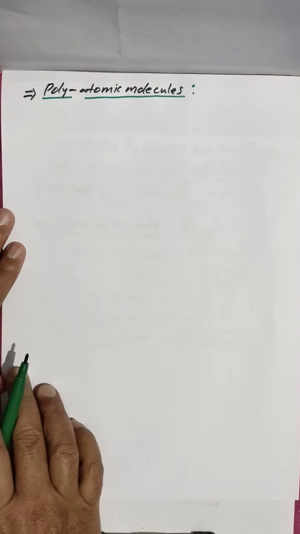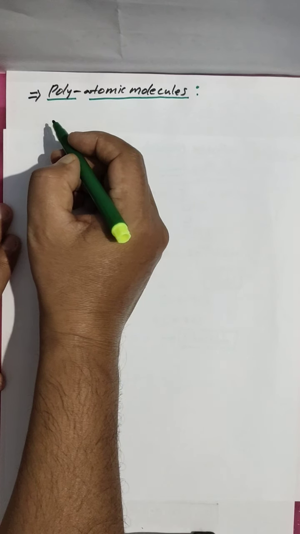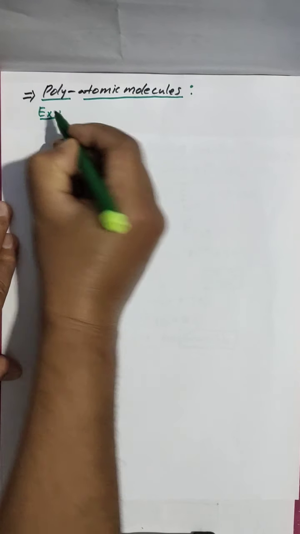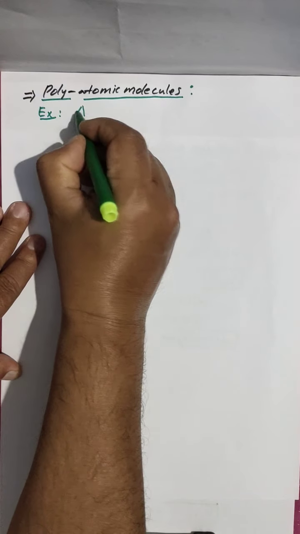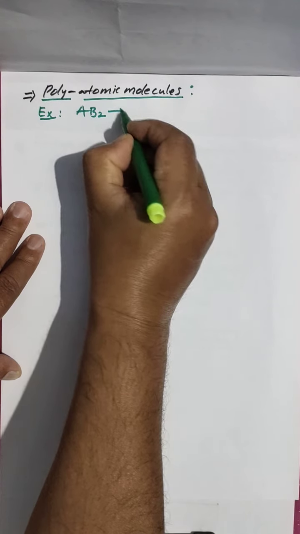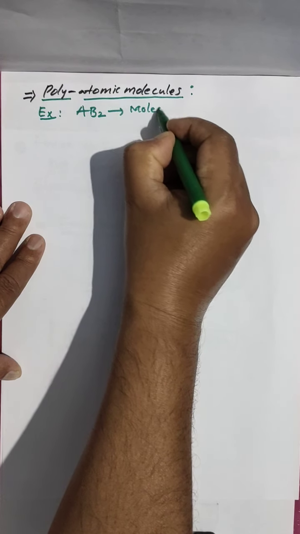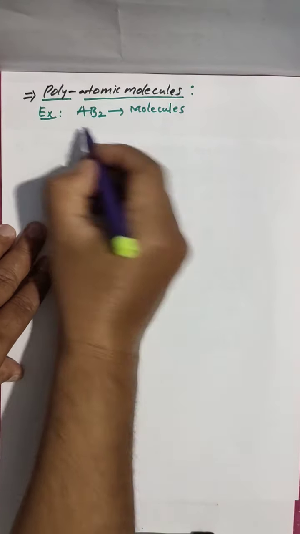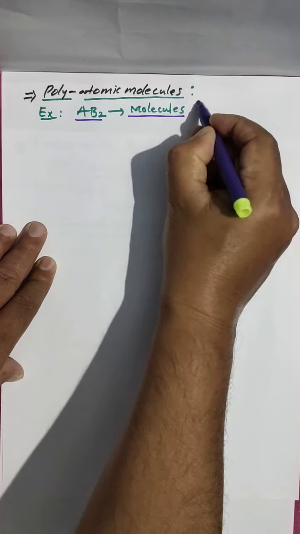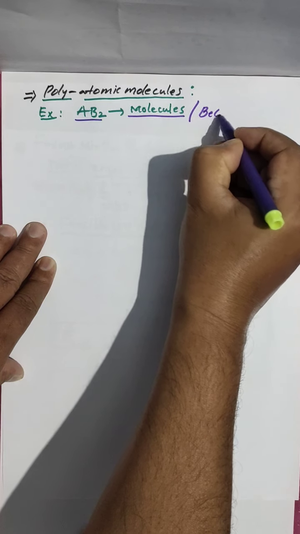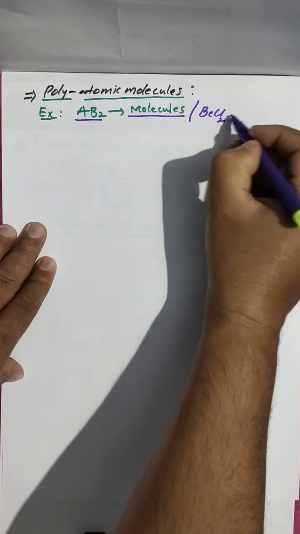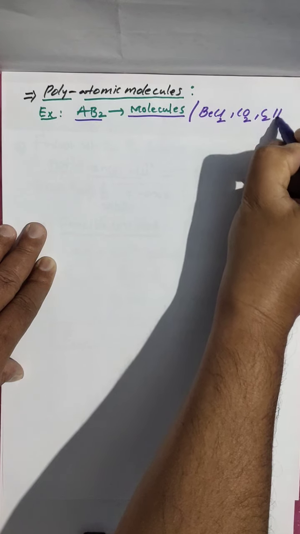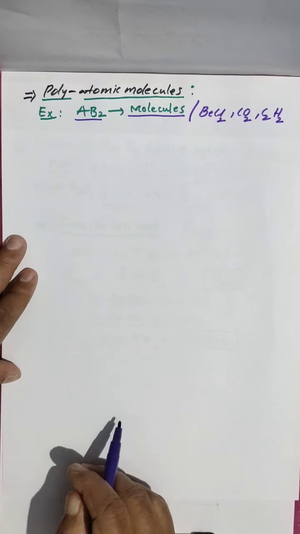Look here, I am taking an example. In polyatomic, I am taking AB2 type molecules. What are those? Beryllium chloride, carbon dioxide, and C2H2, ethyne.